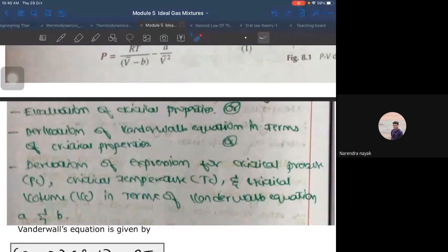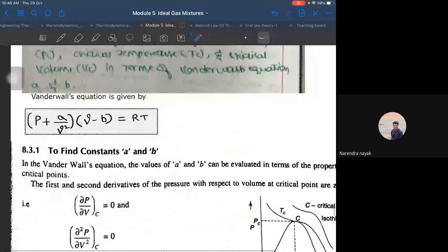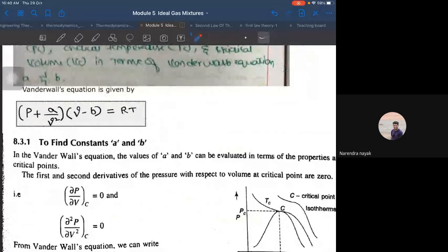So in these three forms he might ask, and all the three forms will account for the same derivation. So we shall look into how it is done. Now, once he asks all these questions, we have to start with the Van der Waals equation.